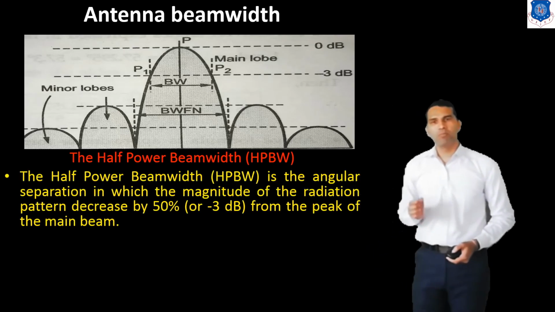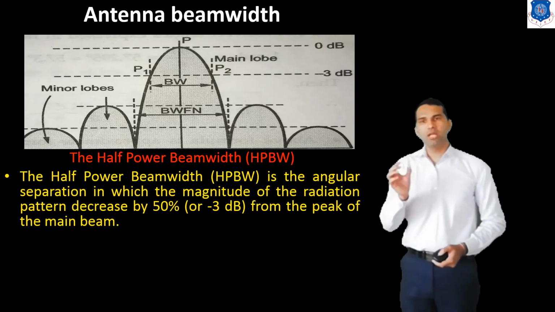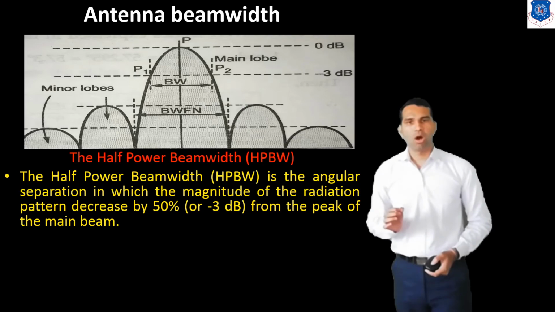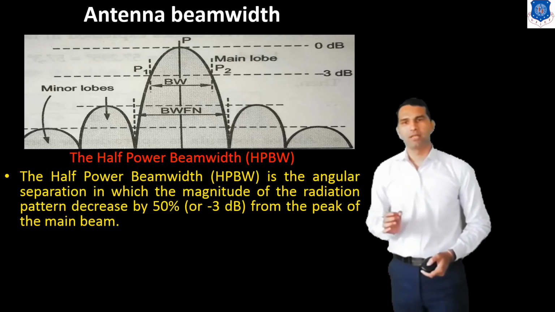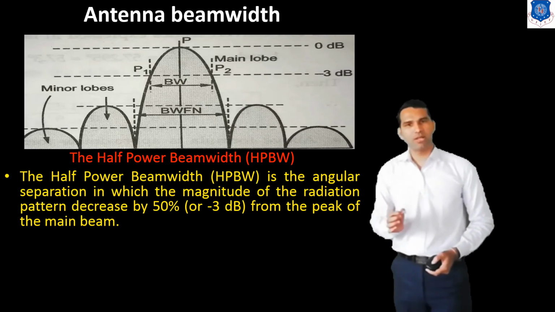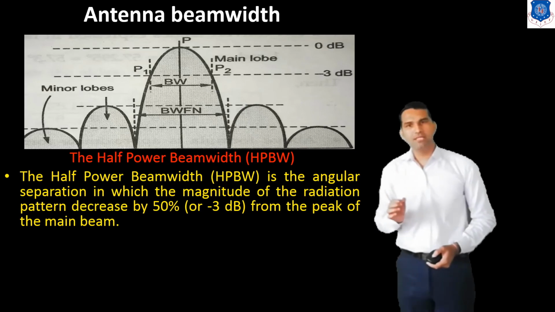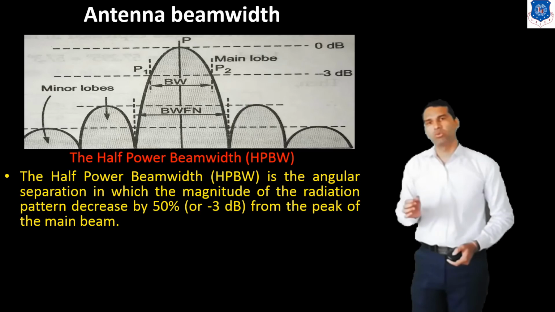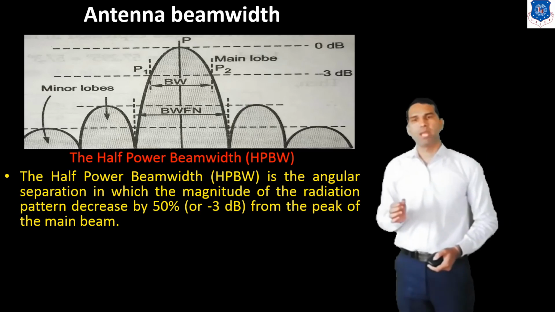The half power beam width is the angular separation in which the magnitude of the radiation pattern decreases by 50%, or we can say -3 dB from the peak of the main beam.